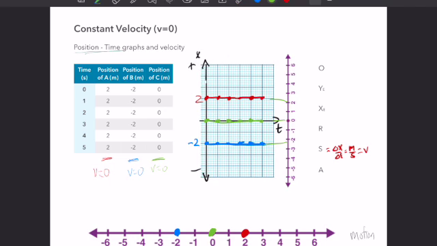Now, we can also say that each one of these is a straight line. y equals mx plus b. The y-axis of this graph is x. The slope is 0. The x-axis is time, and the y-intercept is 2. So we have an equation of x equals 2.